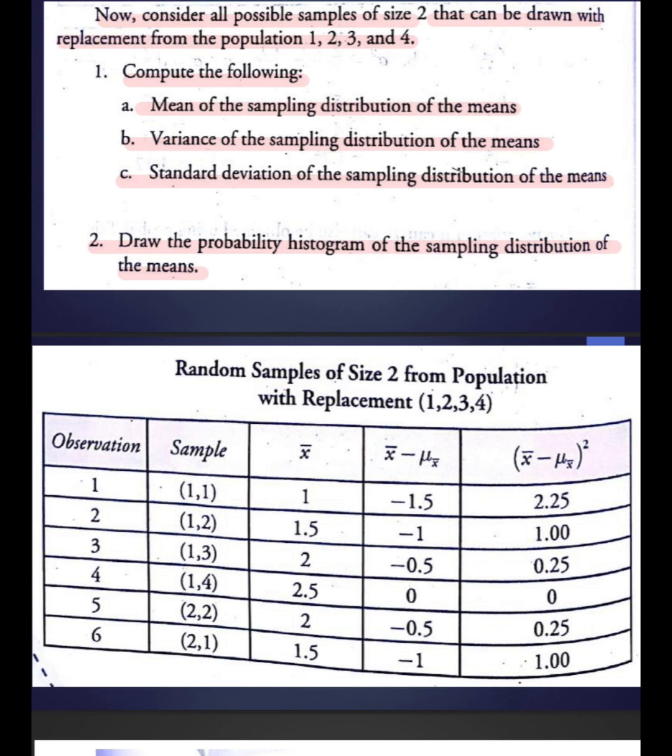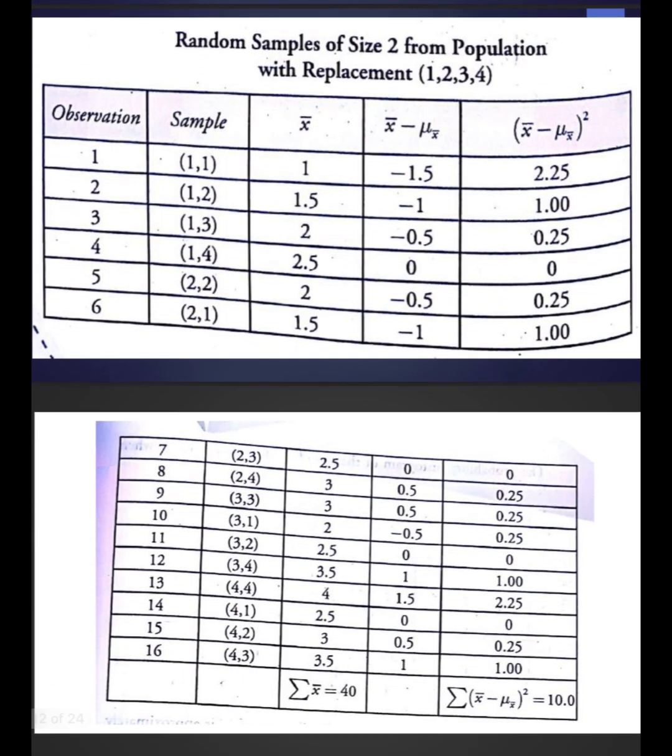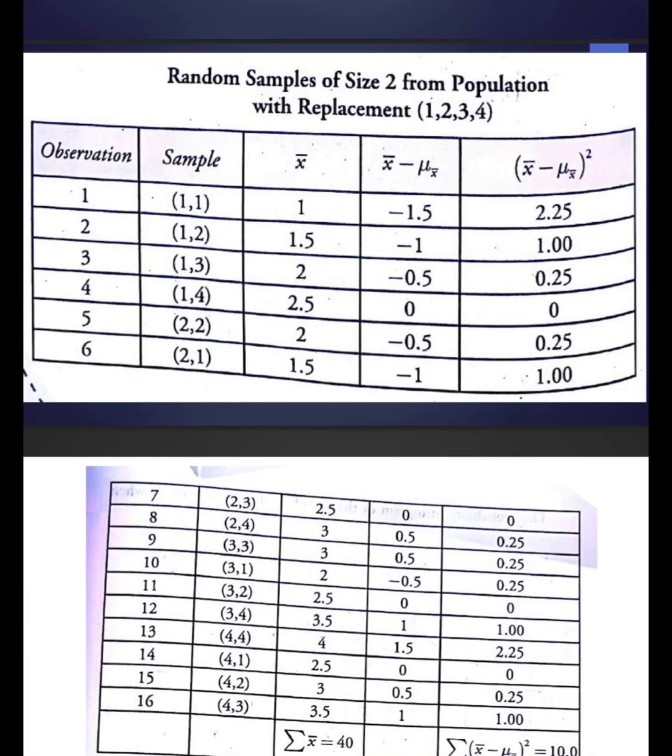To compute the mean of the sampling distribution of means, let us construct the table for the population values with a sample size of 2 and with replacement.